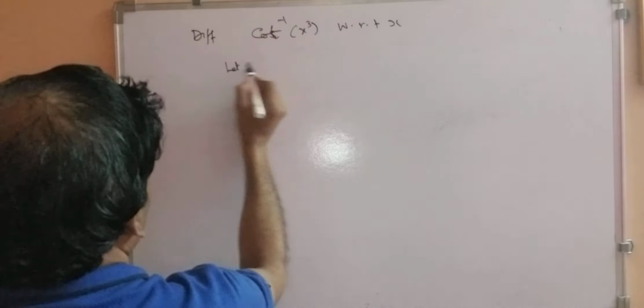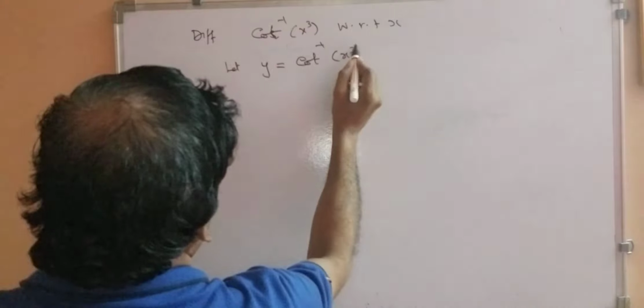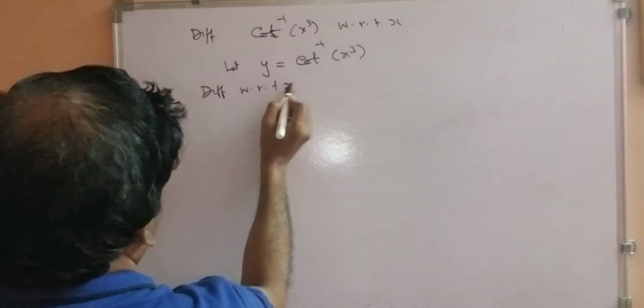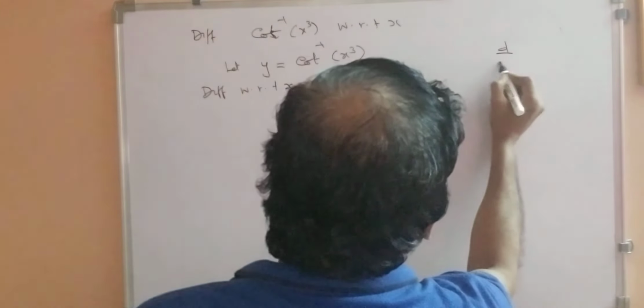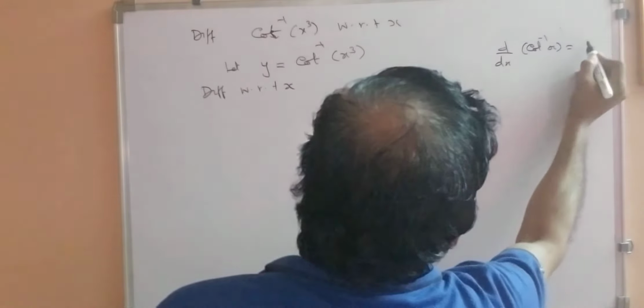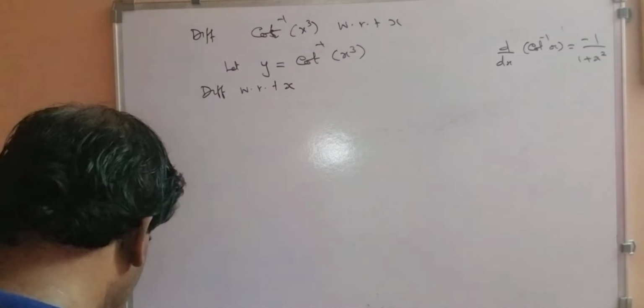Therefore, let y equal to cot inverse of x cube. So, differentiating with respect to x. Now, what is the derivative of cot inverse x? Minus 1 upon 1 plus x square. That's all. There is no change in that.